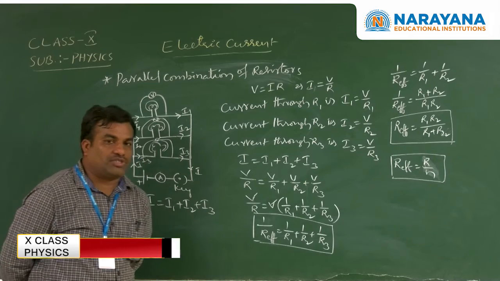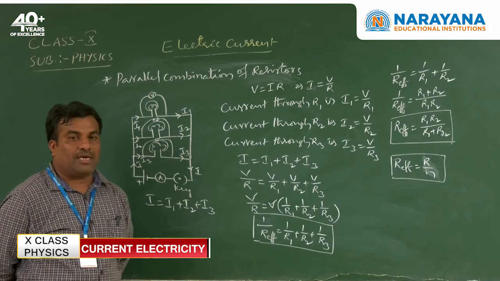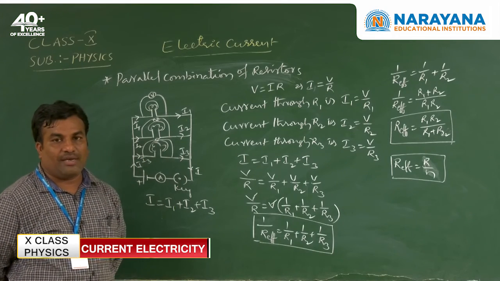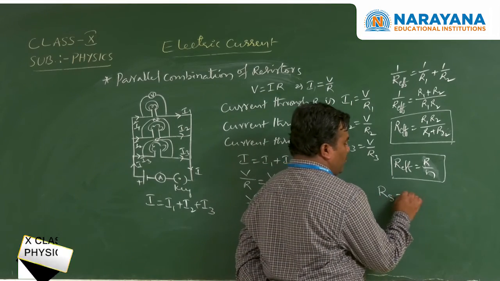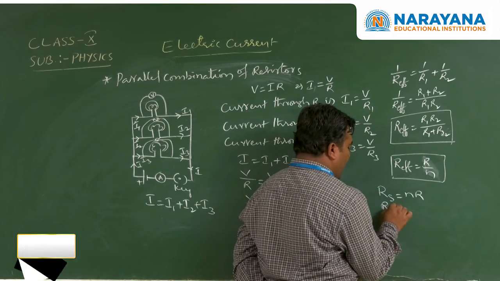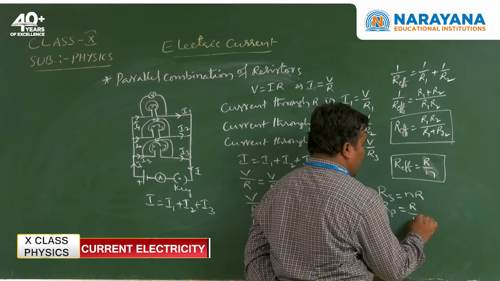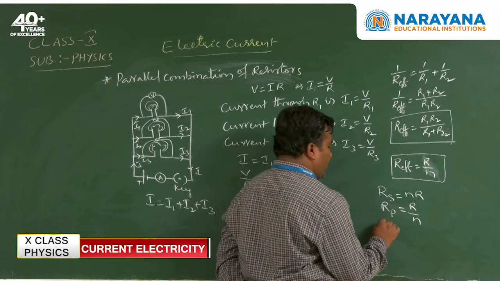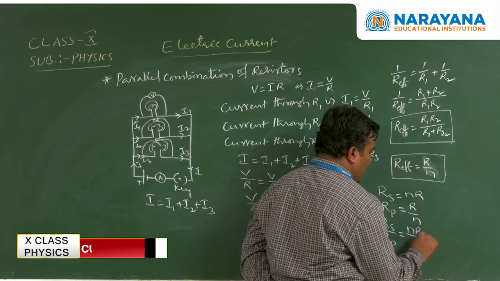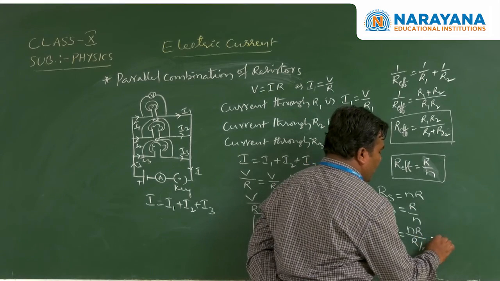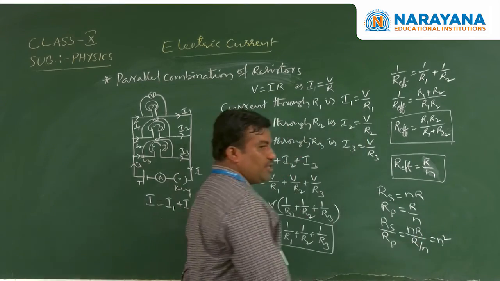In the series combination, the effective resistance is greater than the individual resistance. So R series is equal to NR and R parallel is equal to R by N. Therefore, R series by R parallel equals NR by R by N, so finally we get N square.